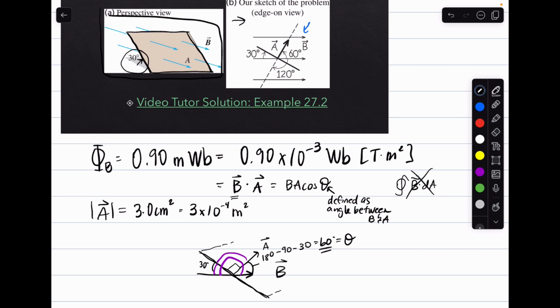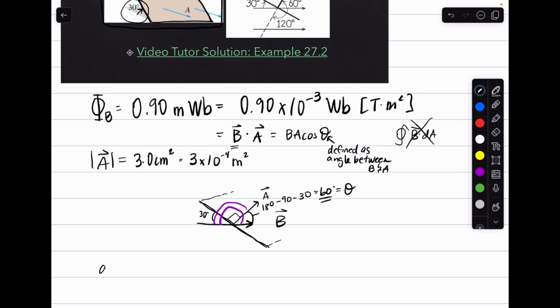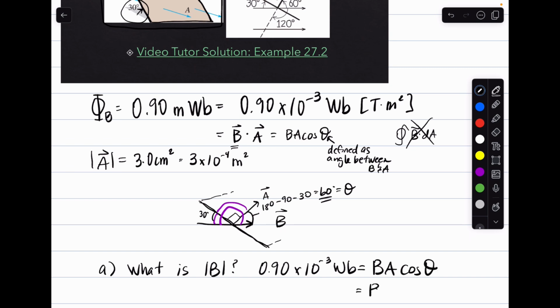So we've got almost all the pieces of the puzzle. What are we asked to find? We are asked to find the magnitude of B. Well, we know that 0.90 times 10 to the minus 3 Webers equals B A cosine theta. We don't know B, but we know A is 3 times 10 to the minus 4 meters squared, and we know that theta is 60 degrees.